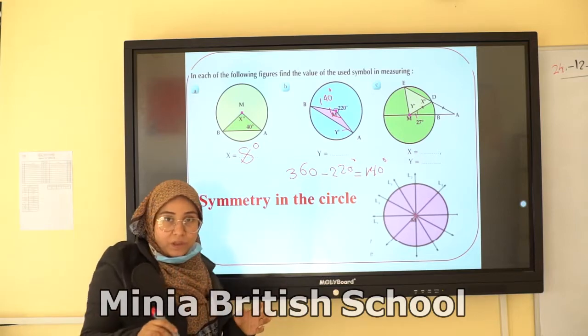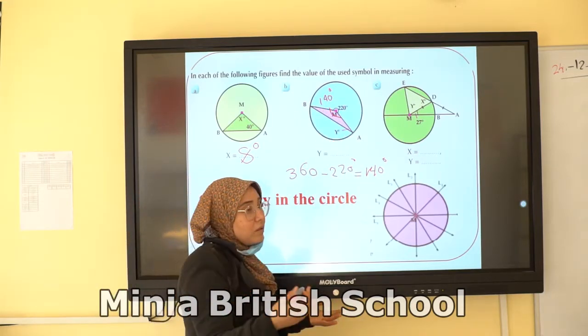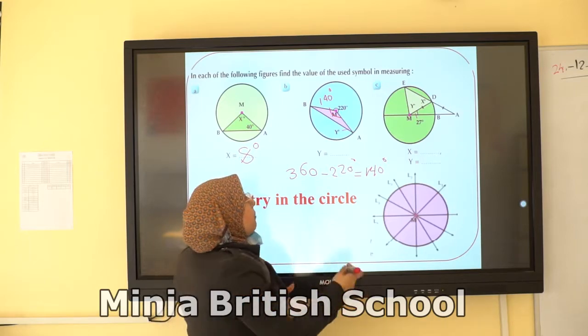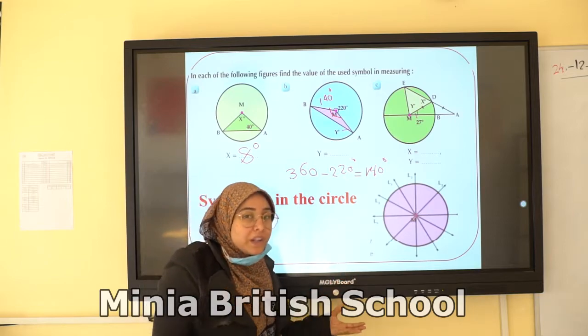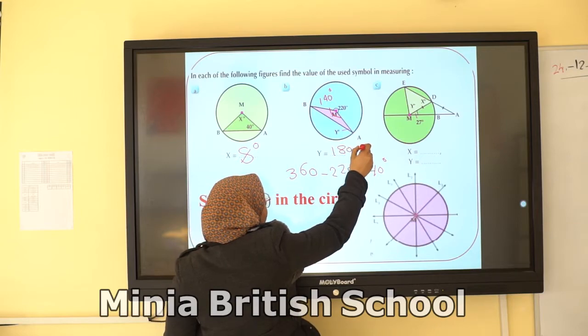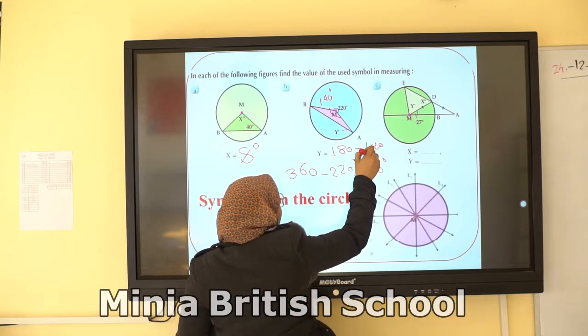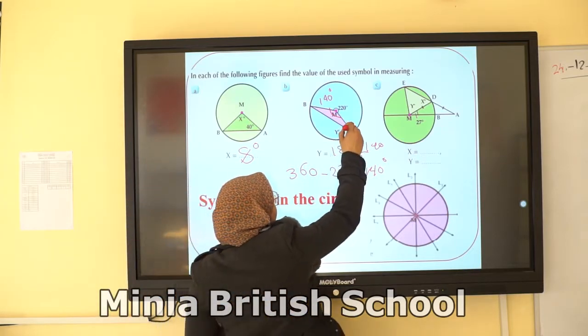Since MB and MA are radii, therefore MA equals MB. Therefore, the measure of angle Y equals (180 minus 140) divided by 2, which equals 20.